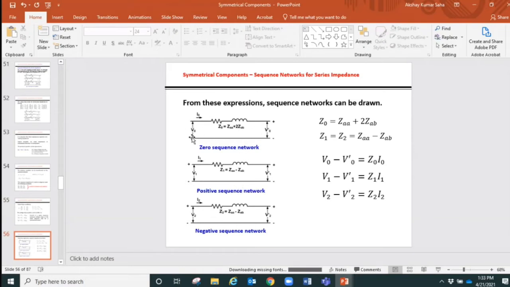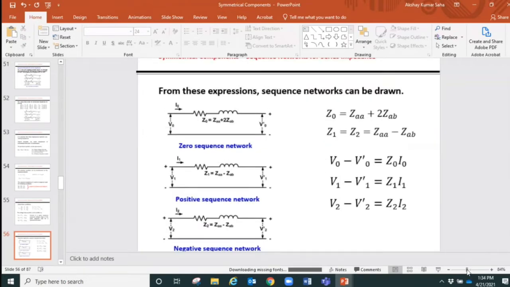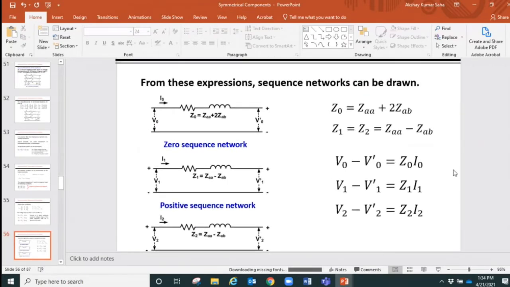We saw for zero sequence, V0 is the voltage, I0 is the current, Z0 is the impedance, and we show the impedance value here, which is ZAA plus 2ZAB. For positive sequence, the voltage is V1 and Z1 is the positive sequence impedance, and the equation is ZAA minus ZAB.